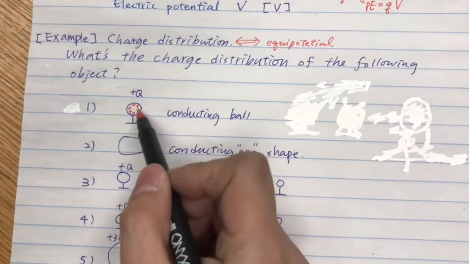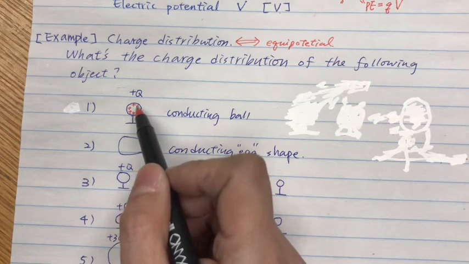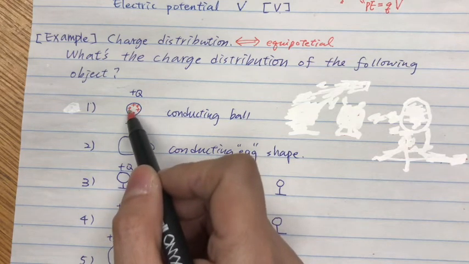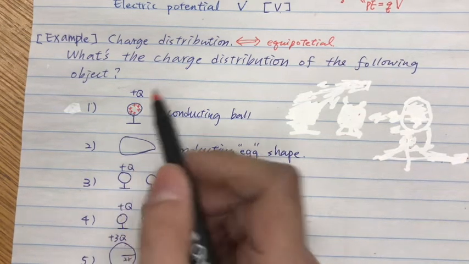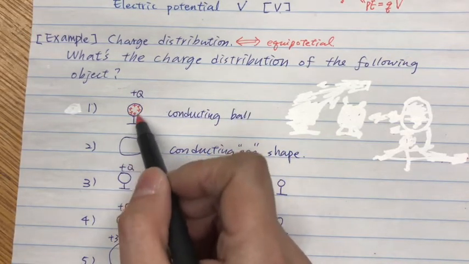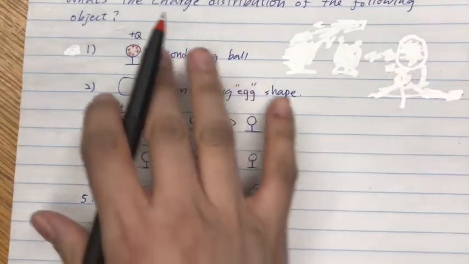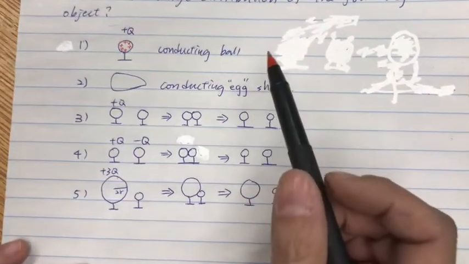The charge will want to move around. So eventually, when it comes to equilibrium, all these charges will be evenly distributed on the surface because they want to make sure the potential on every point on the surface is the same.